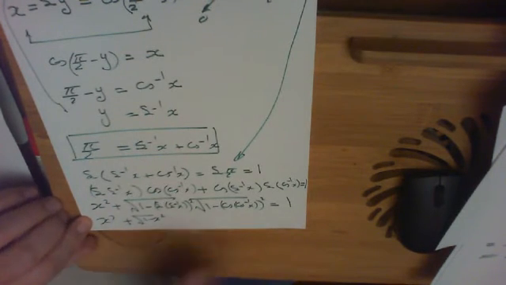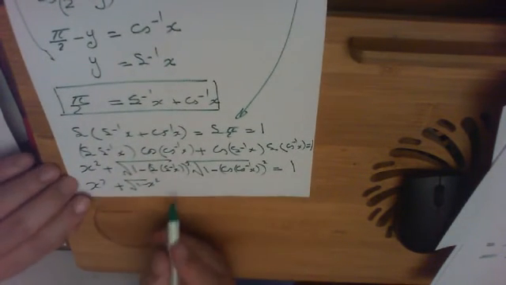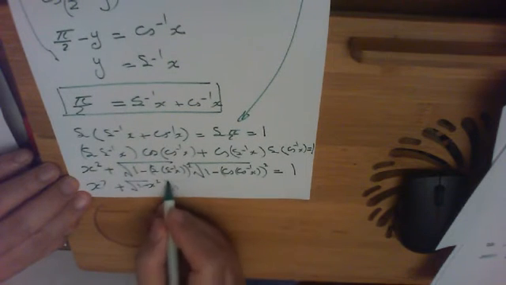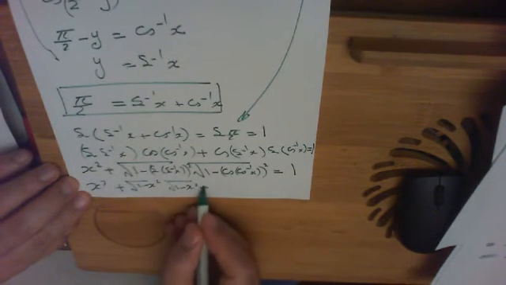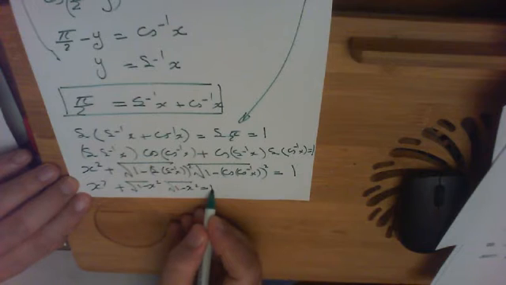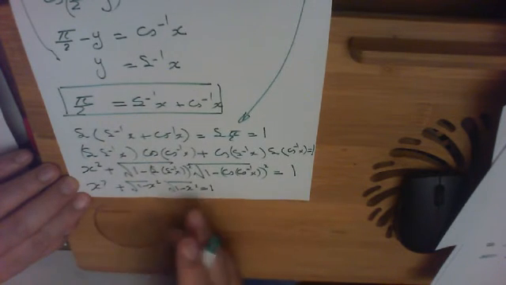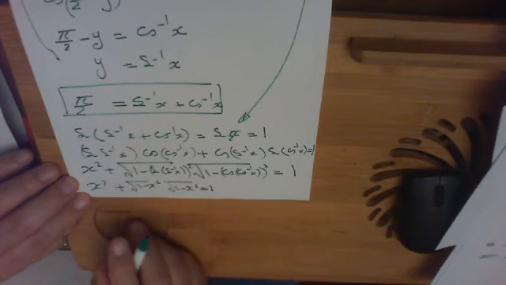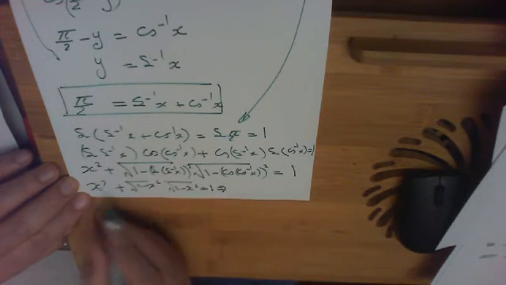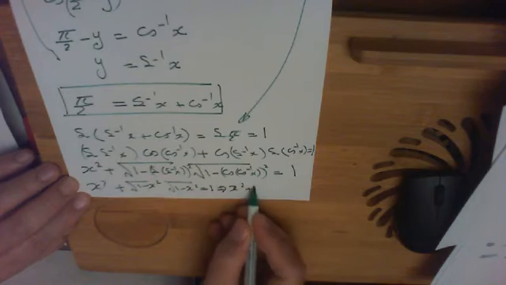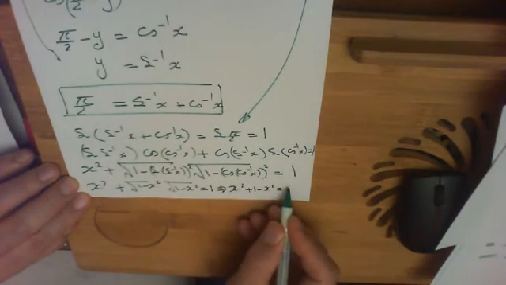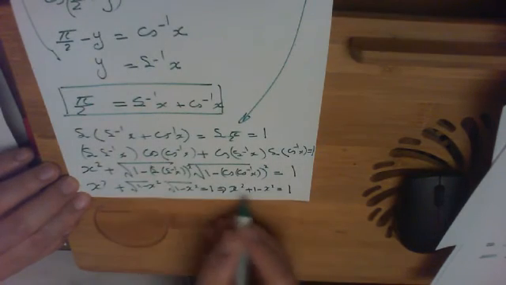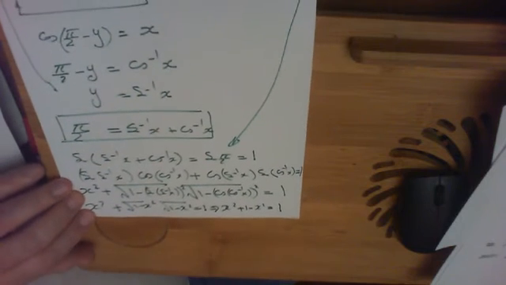Take the left hand side: x squared plus 1 minus x squared, which is actually 1. So this is verified or satisfied.